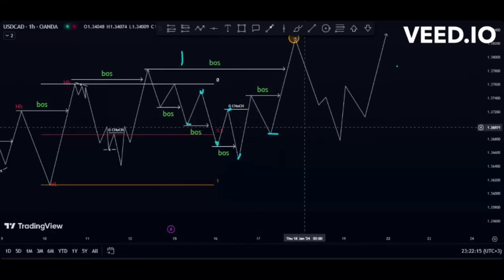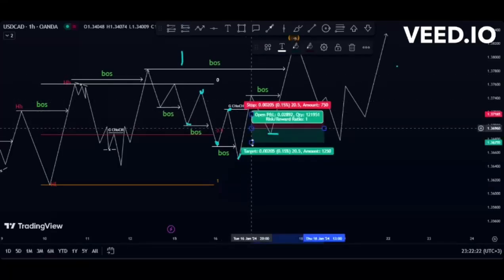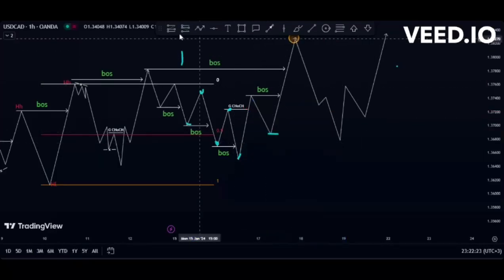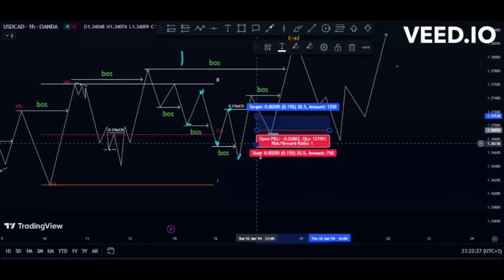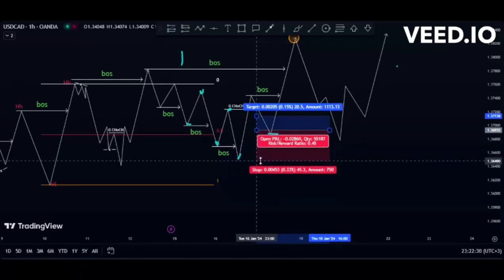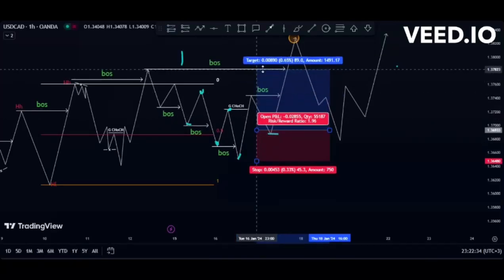So we enter a buy trade here, at least at discount. We enter a buy trade with our stop loss just below this change of character. Then we target the previous high because you know that we are bullish.